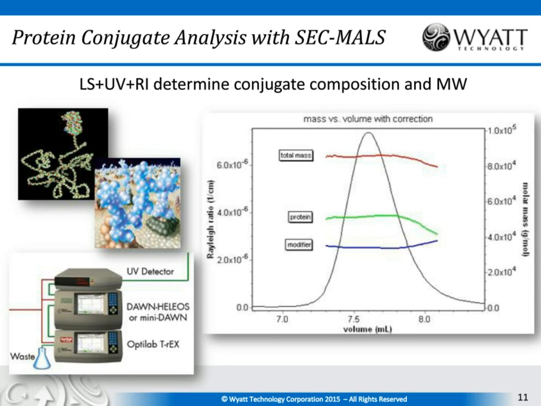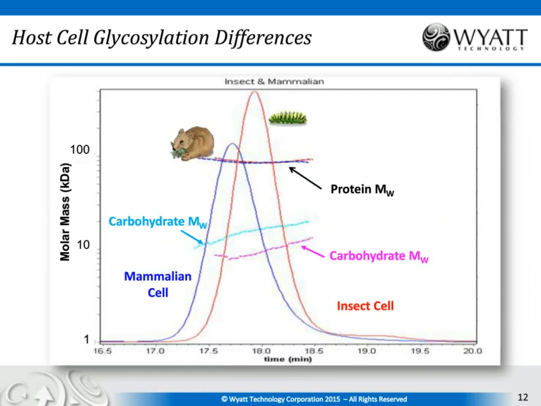So here's an example of how we can use that to assess the difference in glycosylation state of a recombinant protein expressed in different host cells. The mammalian cell, which is the blue, and the insect cell, which is the red. And the analysis shows us that the protein molecular weight in this glycoprotein is identical between the 2 of them, which is what we expect because it's the same protein being expressed in different cells.